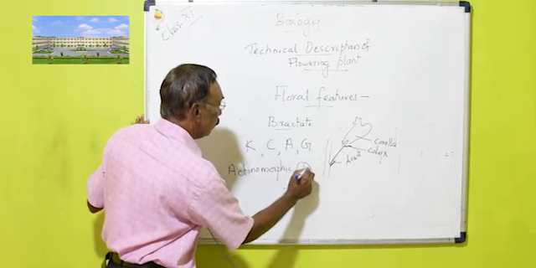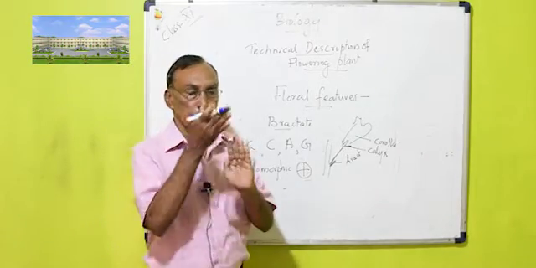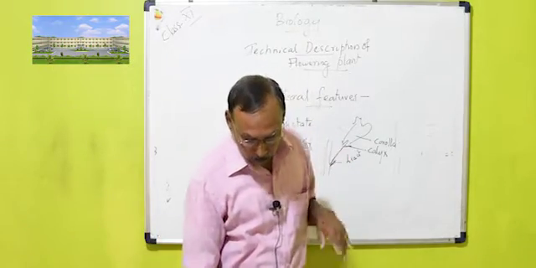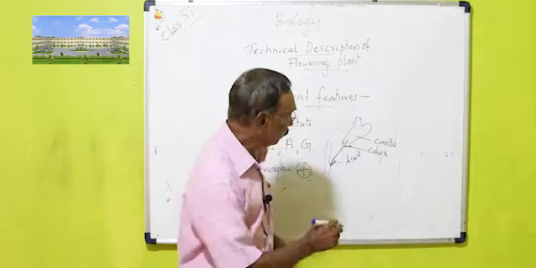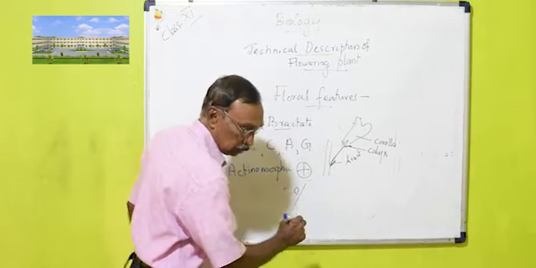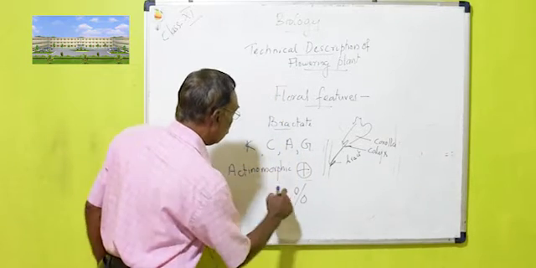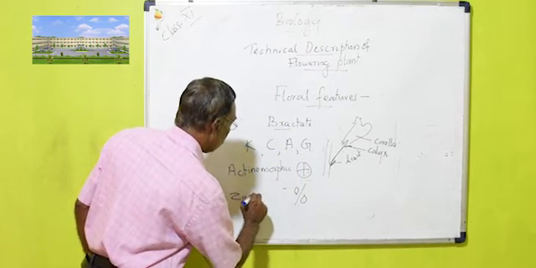Zygomorphic means it can be cut into two equal parts only through one plane. The symbol for zygomorphic is like this, like you are writing a percentage sign. This is the symbol for zygomorphic.